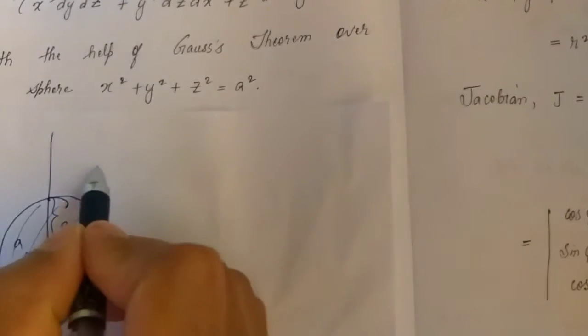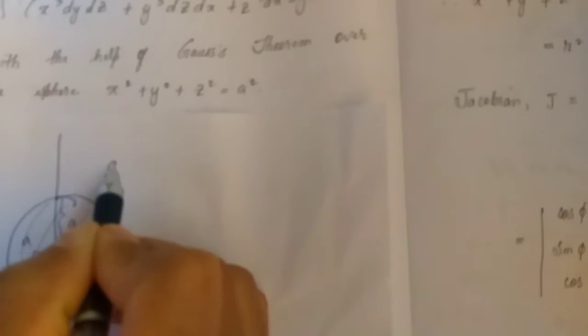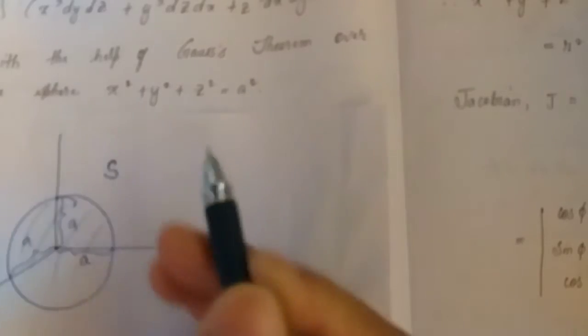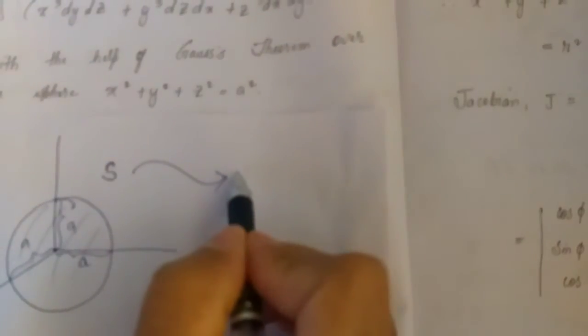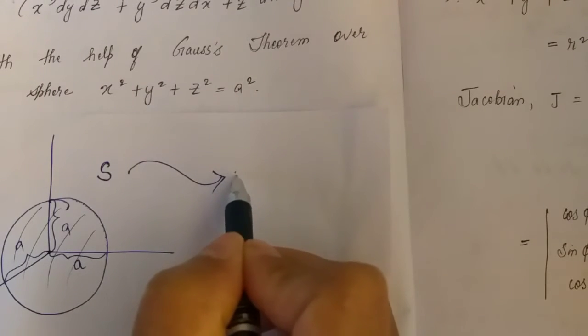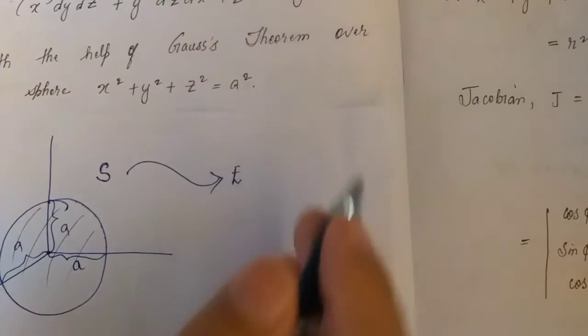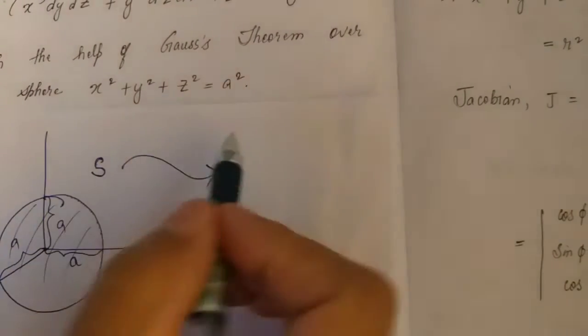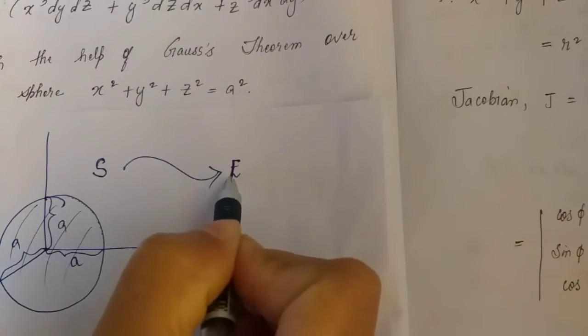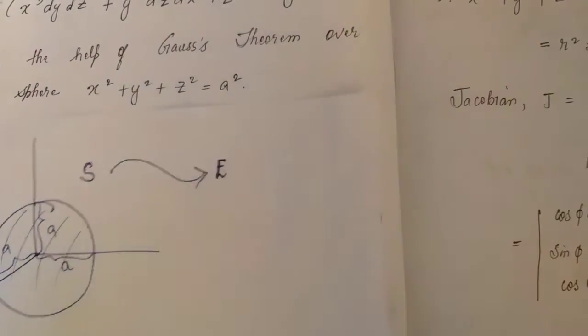Now, if you bring out from the surface of a sphere to the volume or the region E, which is enclosed by this surface, you will get the volume of a sphere.